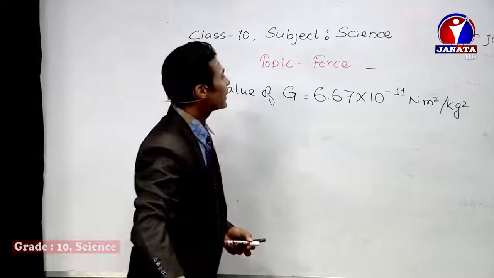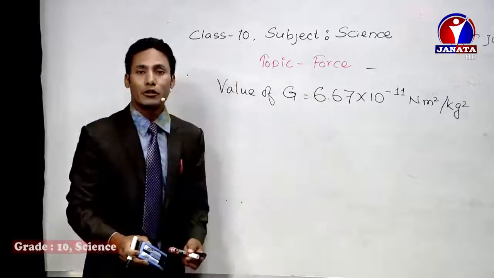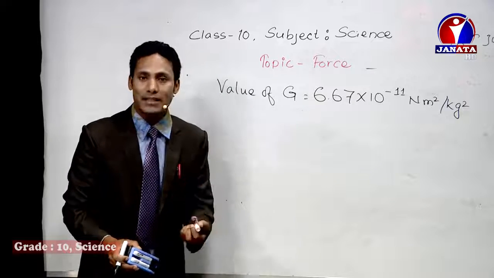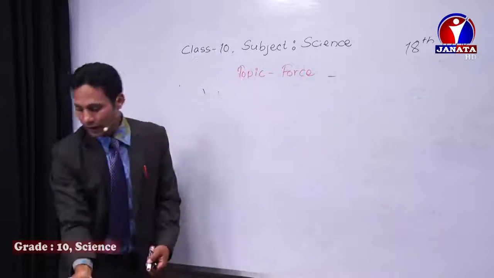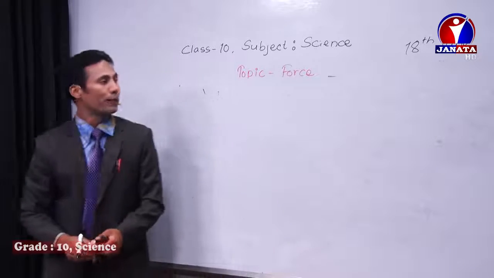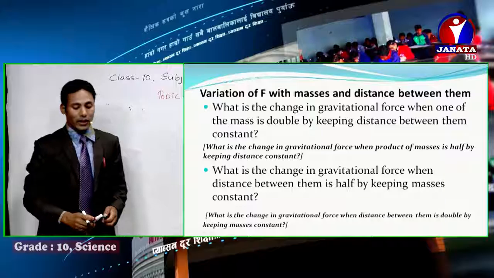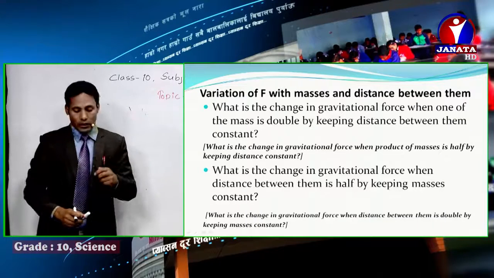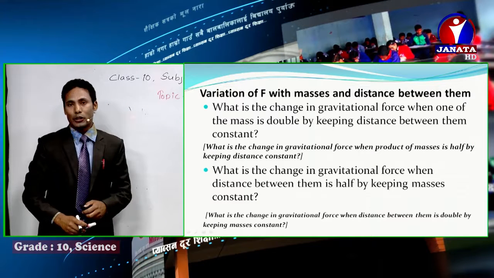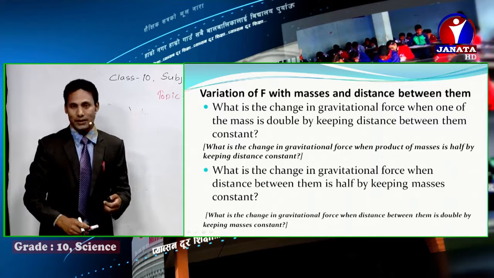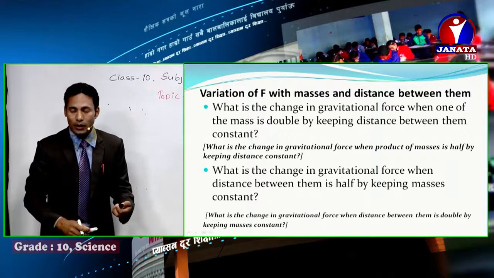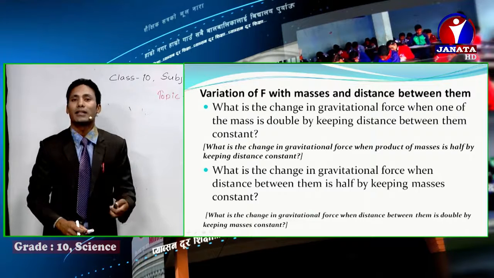Now, let's see the variation of gravitational force with the mass and the distance. You can see the slide. I have given one question here. What is the change in the gravitational force when one of the masses is doubled, keeping the distance constant?